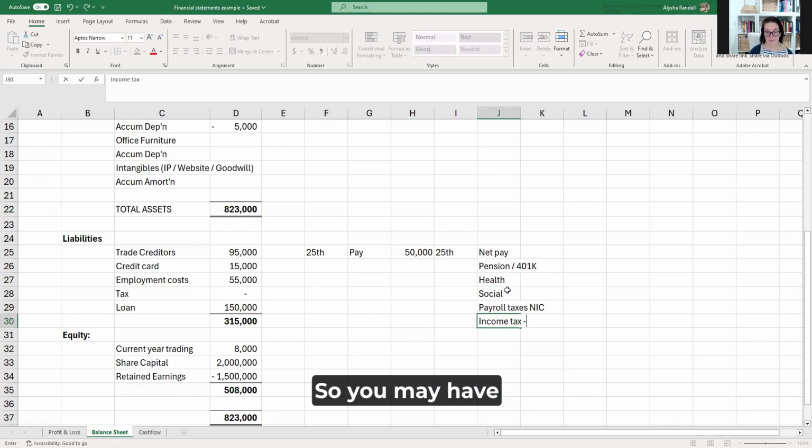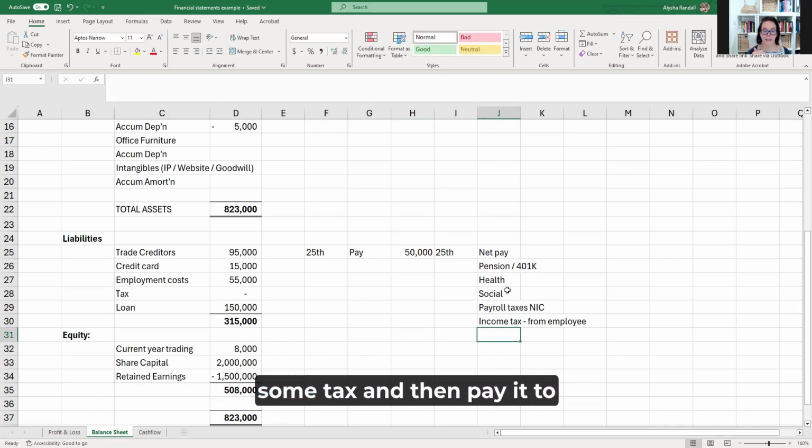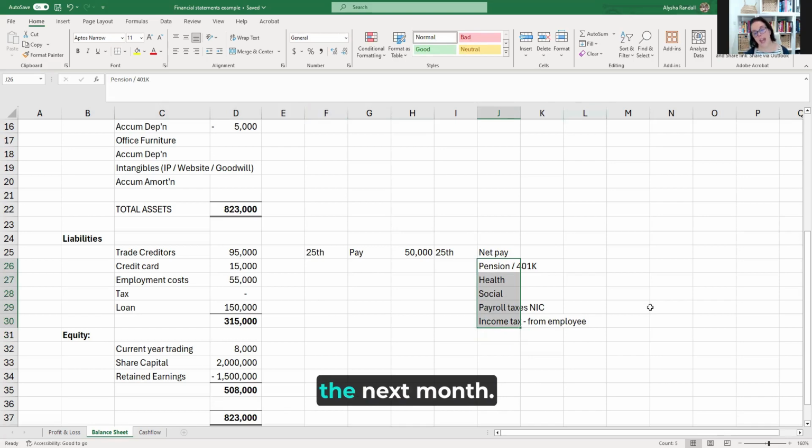So you may have had to hold back some tax from your employees and then pay it to the government. And generally, all of these things you don't have to pay until the next month. You don't pay it in the same month. You have to pay it in the next month.